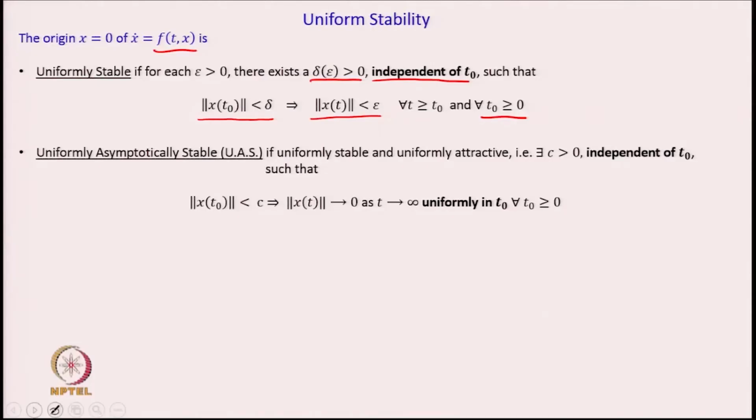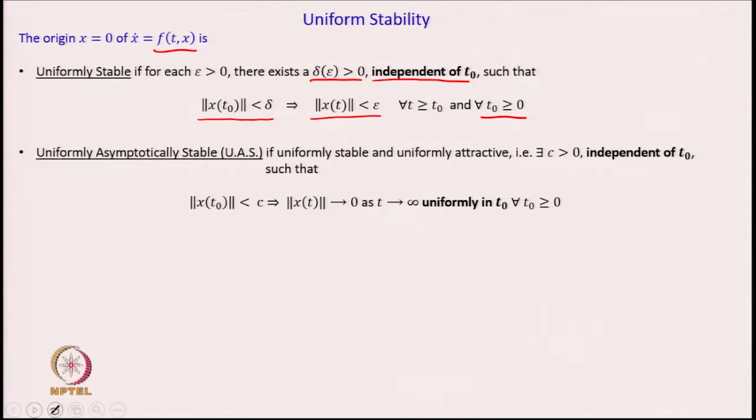Okay, so, the second concept here is uniformly asymptotically stable. An equilibrium point is uniformly asymptotically stable if it is both uniformly stable and uniformly attractive. We just talked about uniform stability. So, what does uniform attractiveness mean?